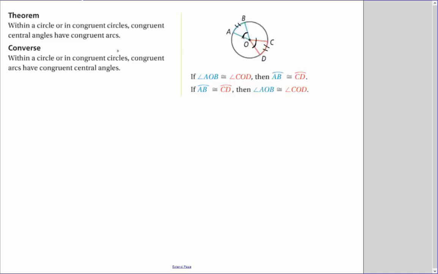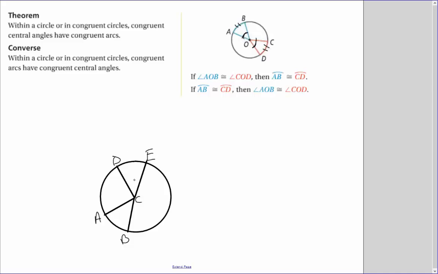So an example of this would be if I quickly draw a circle with two central angles. I have A, B, C, D, and E. If I know this is 50, 50, and this is 50, therefore since my central angles are equal, I know that the arcs DE and AB are equal, 50.